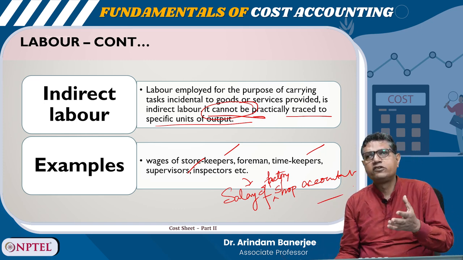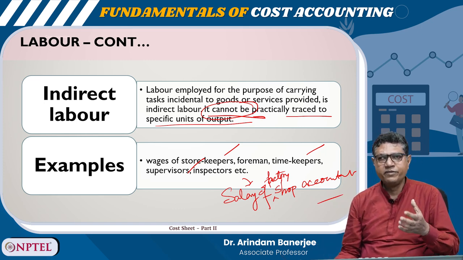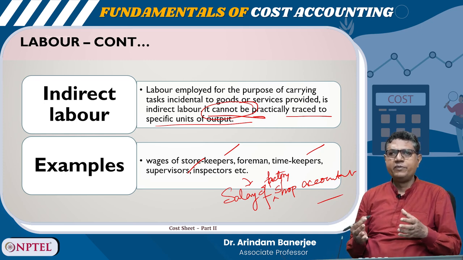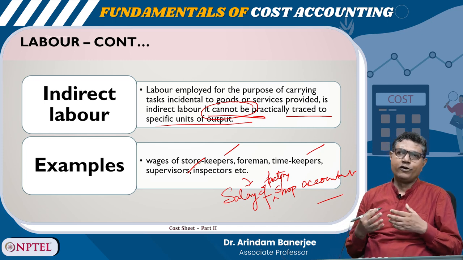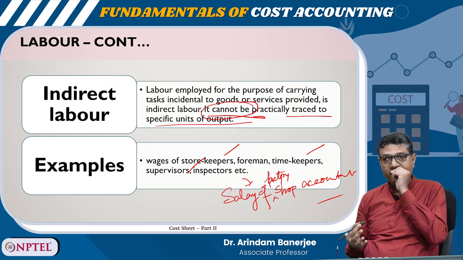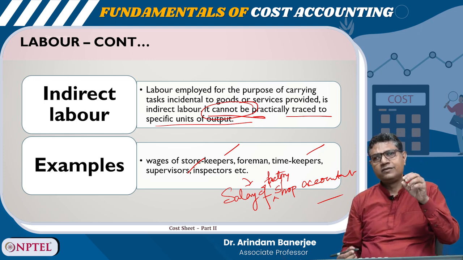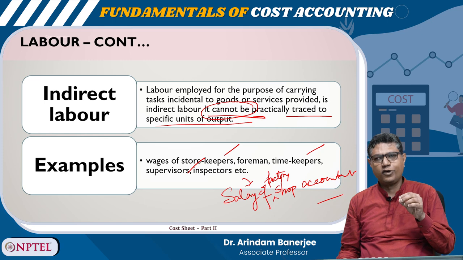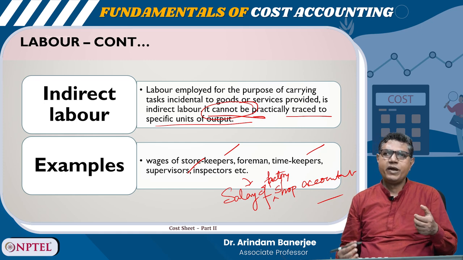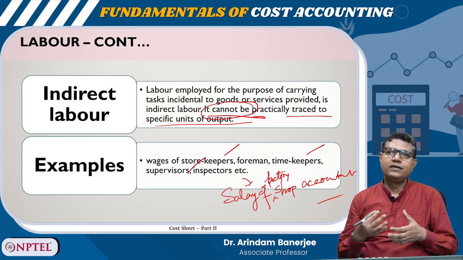Many times every manufacturing division keeps an accountant who keeps the records for production, or the records of the stores, etc. He is not directly involved in the production process, but indirectly his service is required for maintaining the records and running the function smoothly.